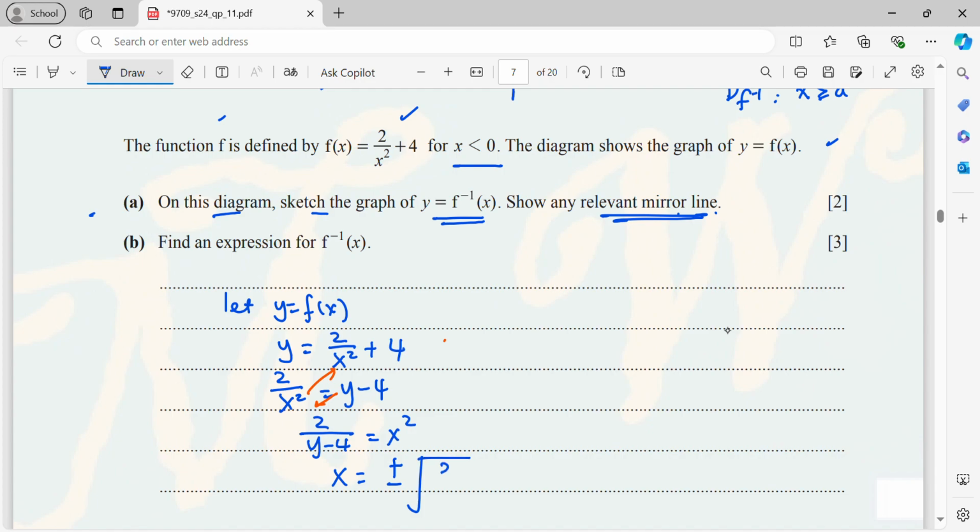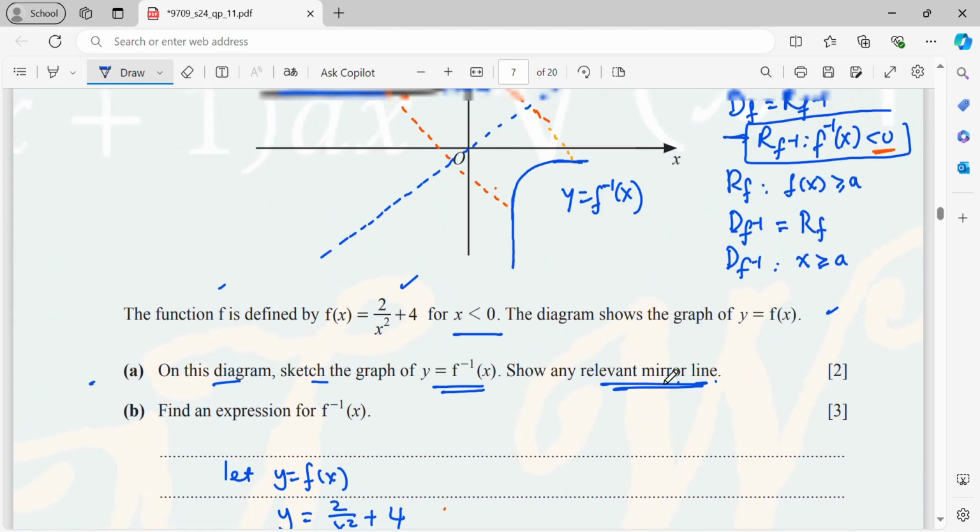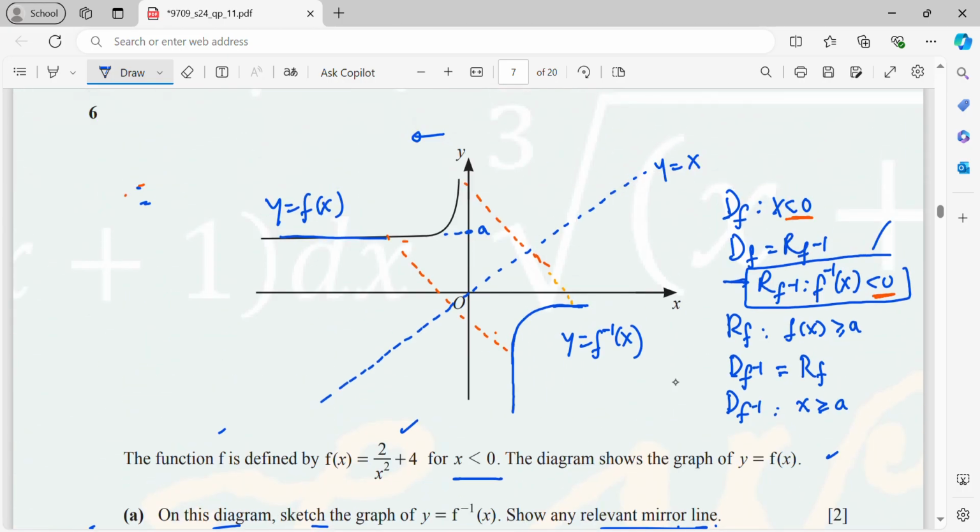But for the f inverse, I need to decide whether it is positive or negative. So change the x into f inverse. Write the square root first. The y will be replaced by x. Then you have to decide whether to choose plus or minus. Look at your inverse graph or look at this constraint. Your f inverse is always less than 0.